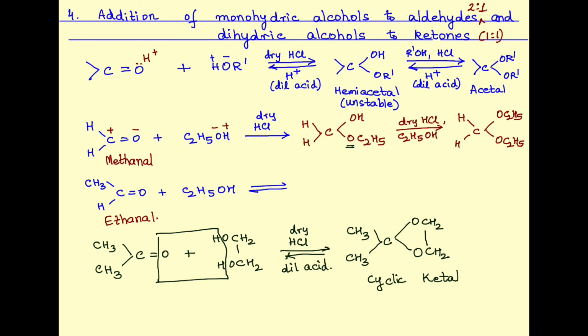With the result, oxygen is happy to pull those electrons away from carbon, and in turn my alcohol can easily come and attach itself to the carbon. In other words, the presence of HCl is simply helping to improve the electrophilic nature of carbon by protonating the oxygen of the carbonyl group.